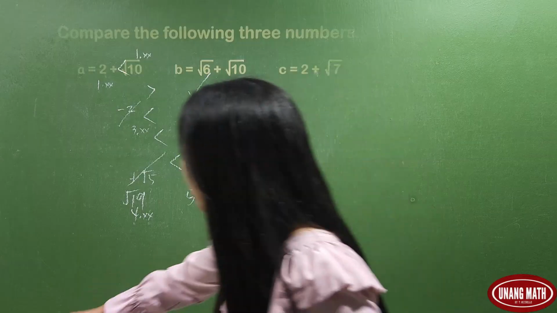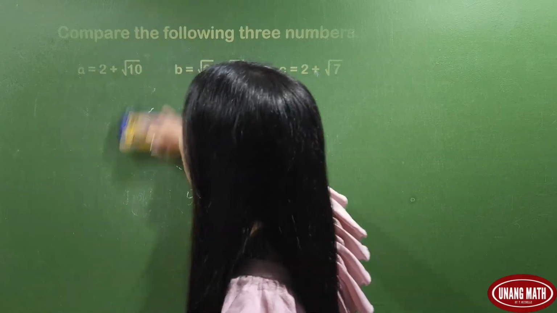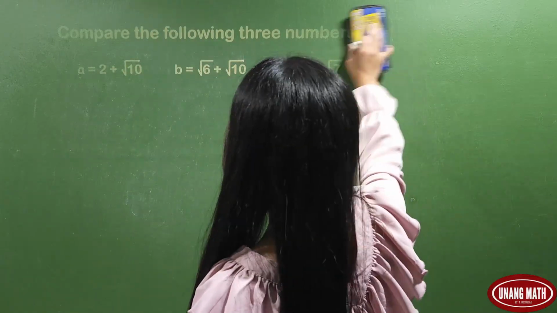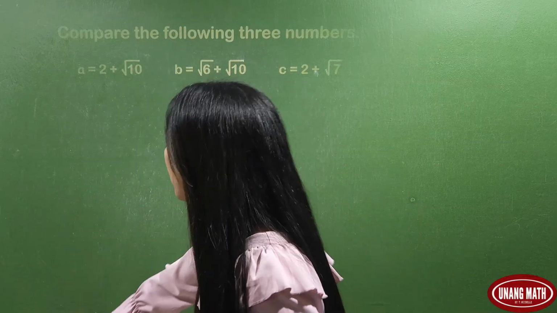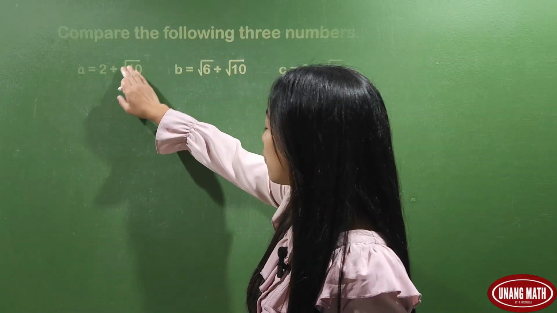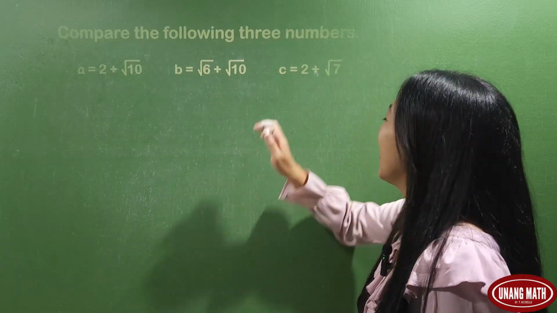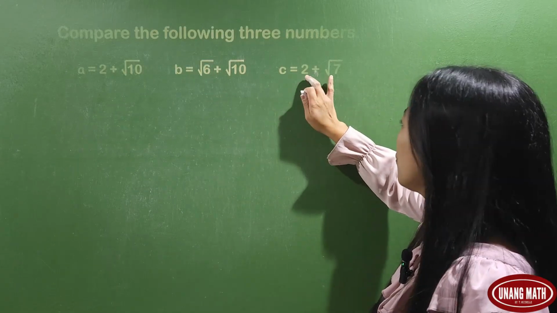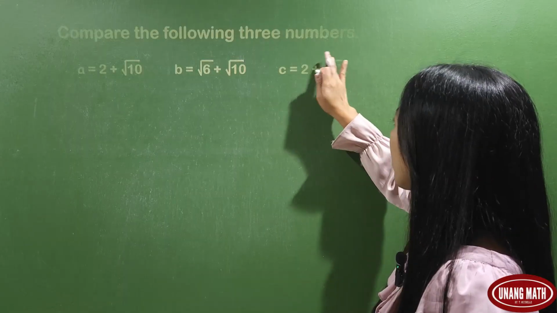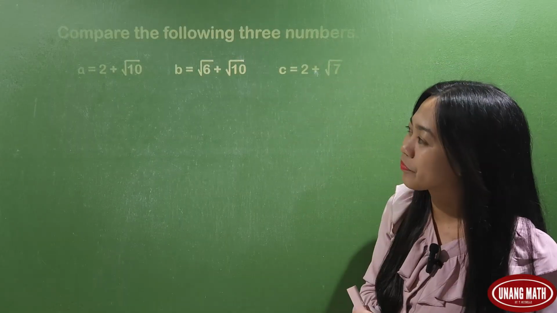Okay, and for our last problem, we will compare the following 3 numbers. Here, A is equal to 2 plus the square root of 10, B is the square root of 6 plus the square root of 10, and C is 2 plus the square root of 7.